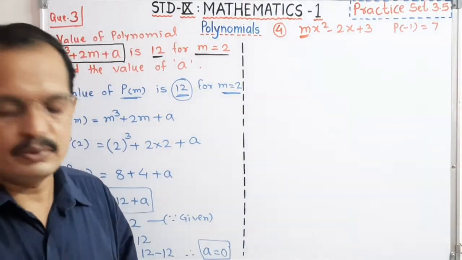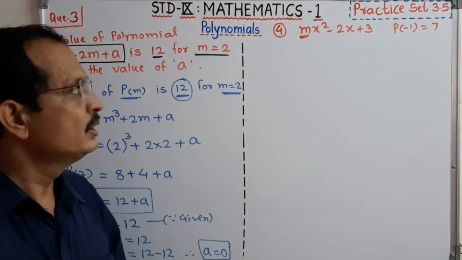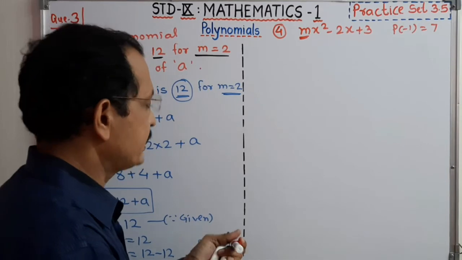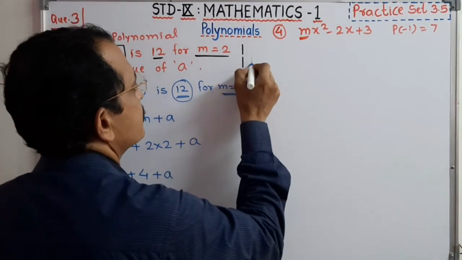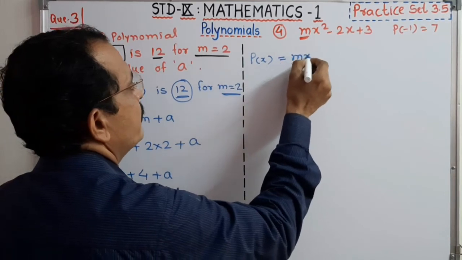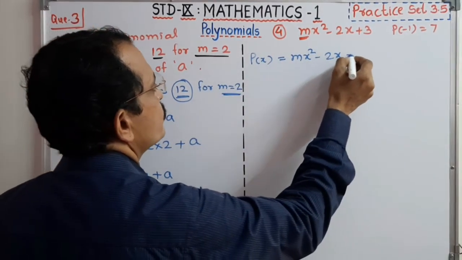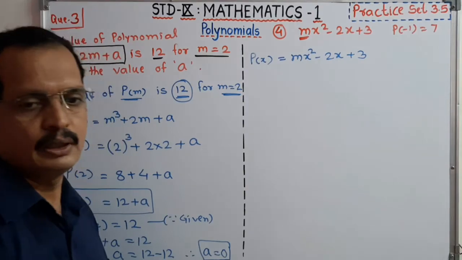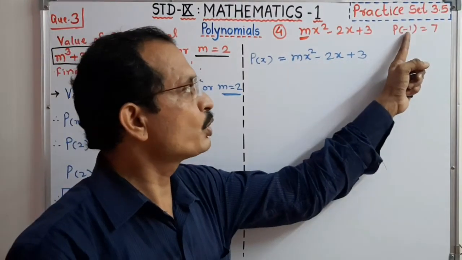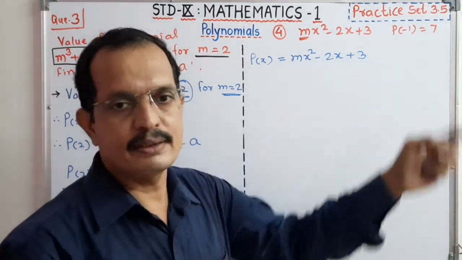Now see, same question is there. See, the polynomial is given. We have to write it as p(x) is equal to mx square minus 2x plus 3. This polynomial is given. The value for this polynomial at minus 1 is 7.